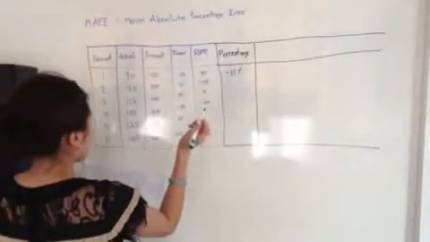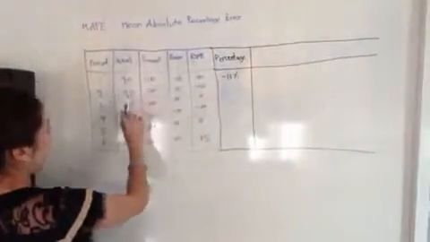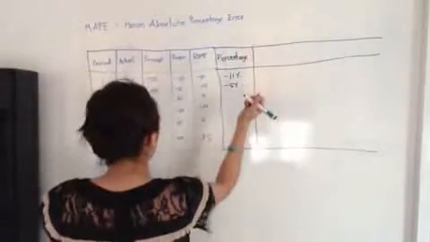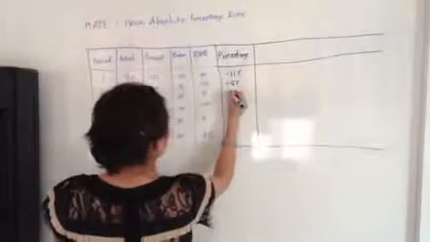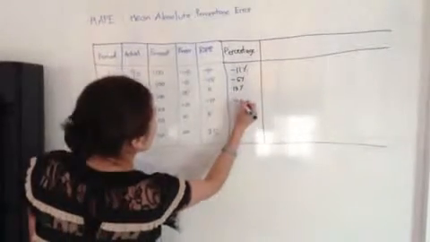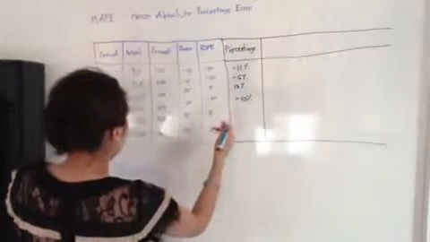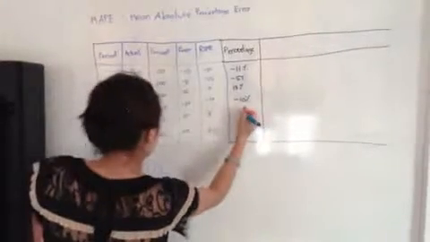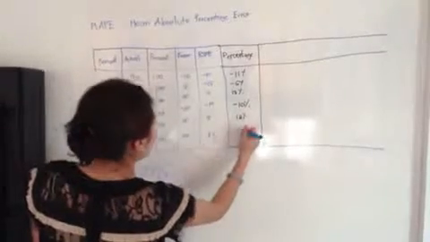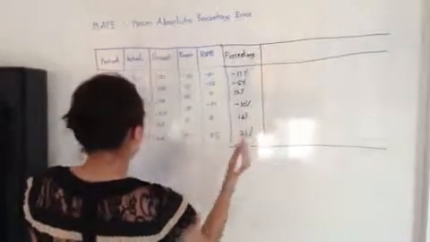The second one, do the same thing: minus 5 divided by 95, which is minus 5%. The third is 13%. The fourth is minus 10%. This one is 12%. And the last one is 21%.